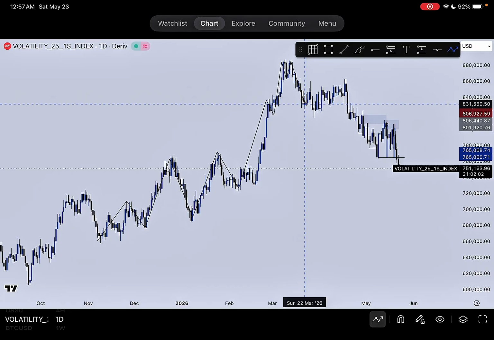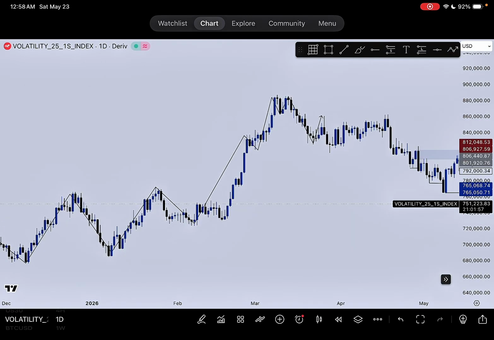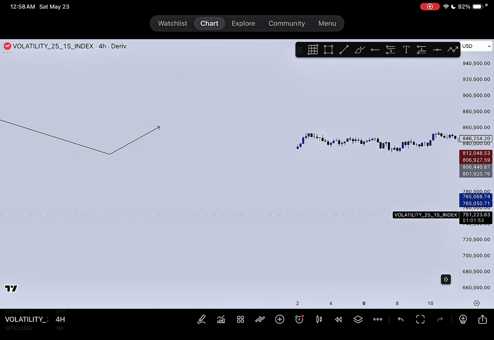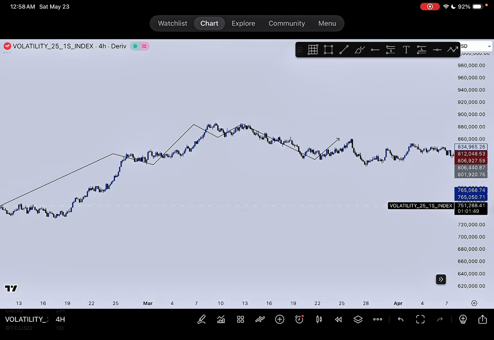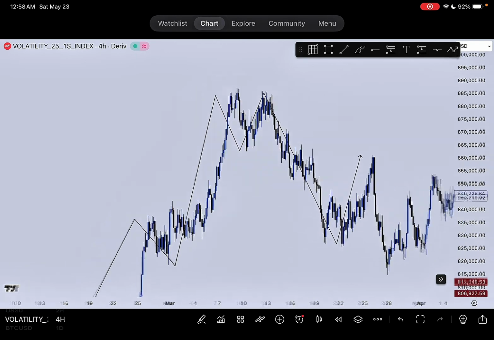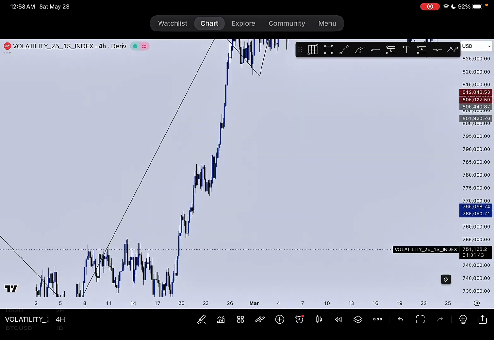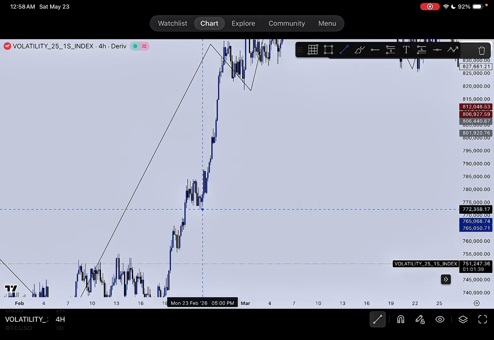If you see on this daily, it was not clear. This particular place was not clear. Then you need to refine it. You go down to 4 hours to check what happened in that zone. That was where we found out that the market is now bearish. All through, the last low was not broken.